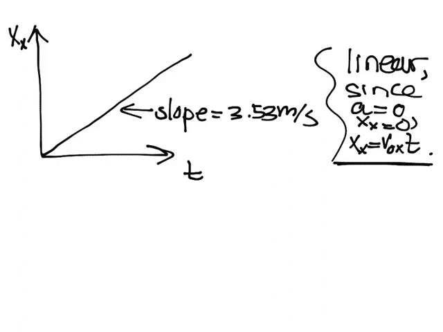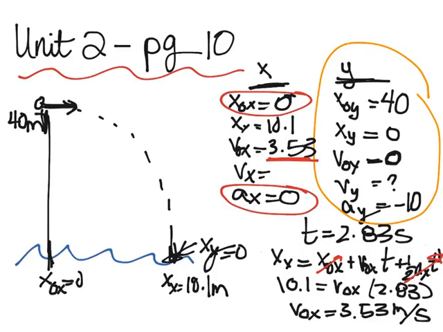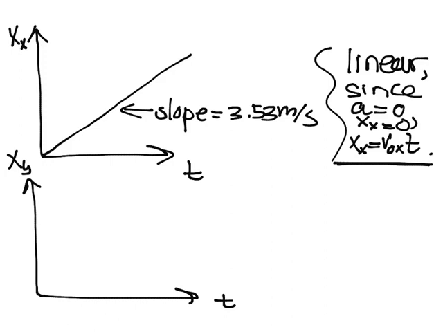Okay, our next part asks us to draw vertical position with time. Okay, so I'm going to go and look back. You notice that I start out at 40 meters, and then I end up at 0 meters. Okay, so, by the way, this is in meters, and this is in seconds.